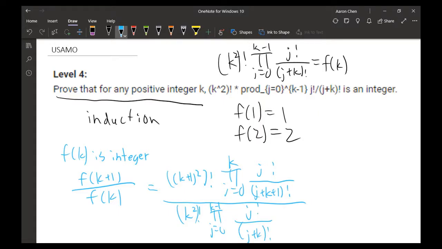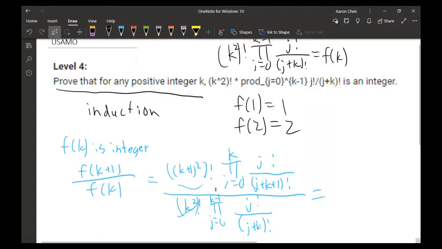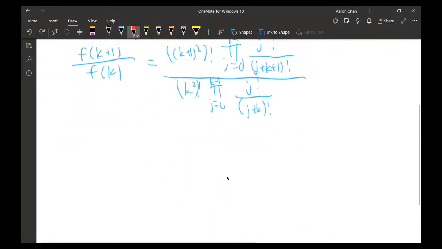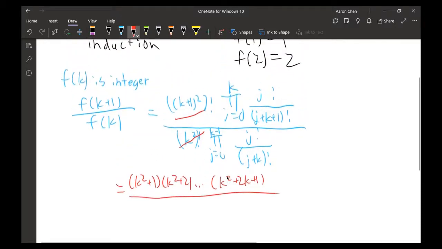We can see here that a bunch of factors cancel out between these two factorials. So this is equal to k squared plus 1 times k squared plus 2 all the way to k squared plus 2k plus 1. And now we divide, and next up we have these two products.